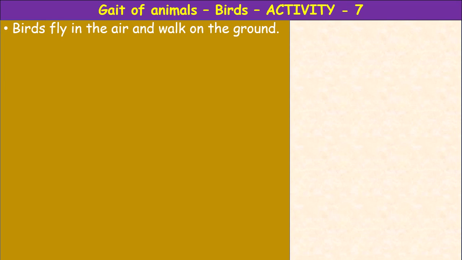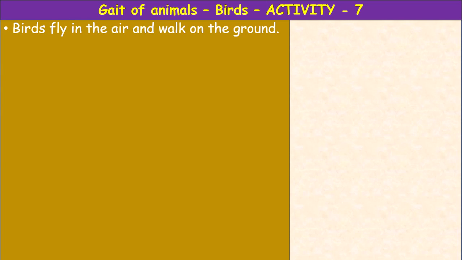Next animal, bird. How bird moves. Birds fly in the air and walk on the ground. Now these we are observing the movement in lower organisms like amoeba, unicellular organisms. There are no special structures.